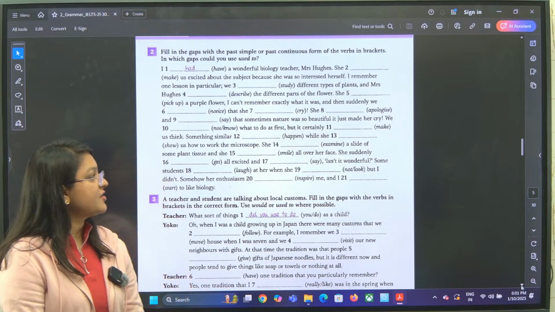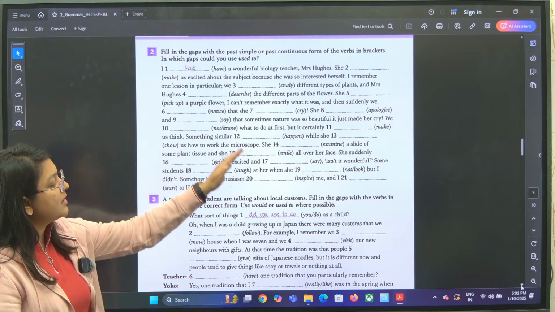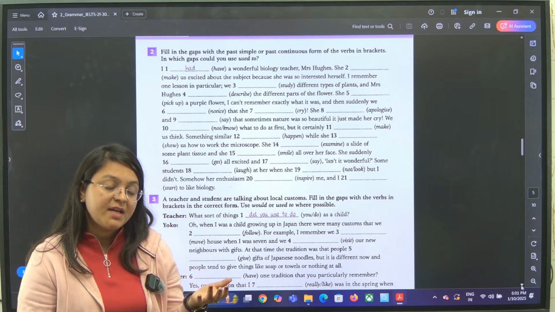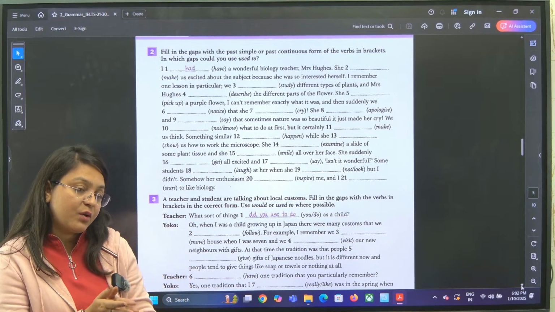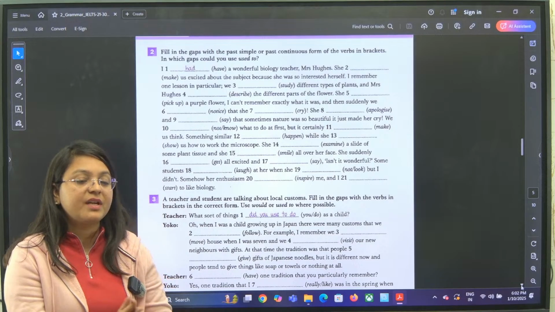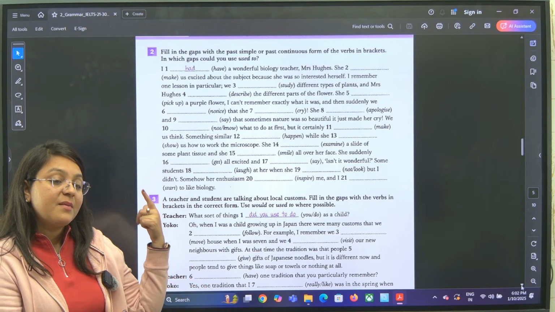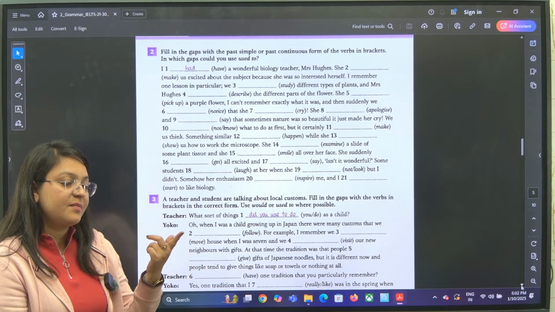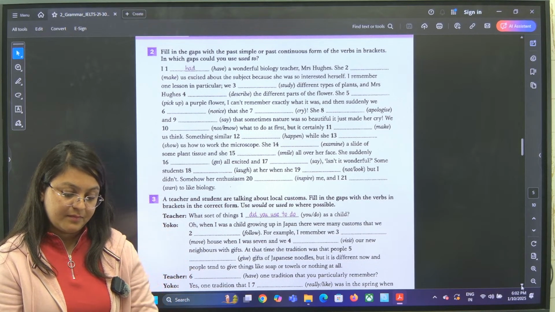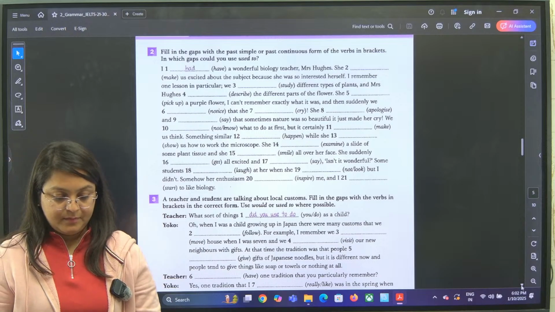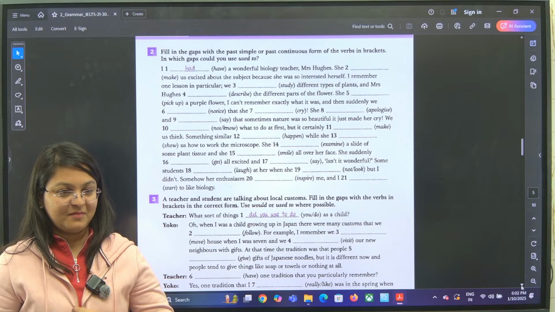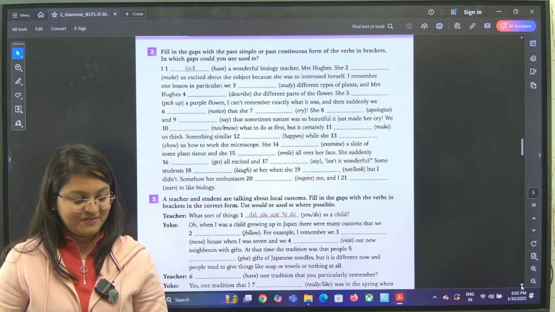Before solving such type of questions, first read the complete paragraph so that you understand what is the concept, what is the story, what was happening, what is the actual incident that happened, what was the background scene, so that you understand where to use past simple and where to use past continuous. No discussion, please.